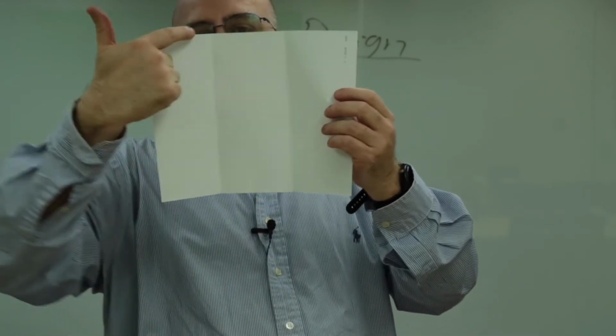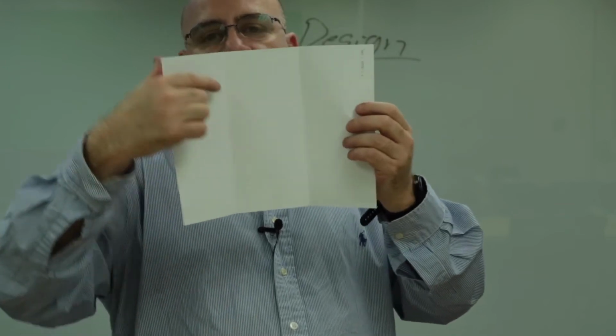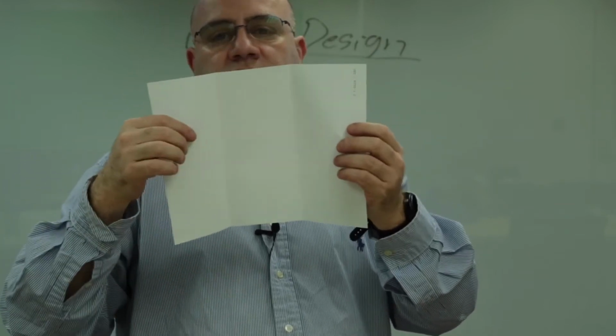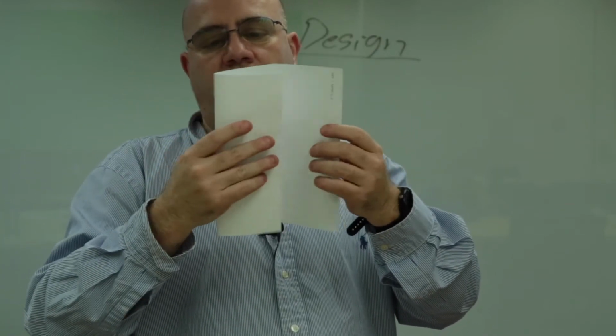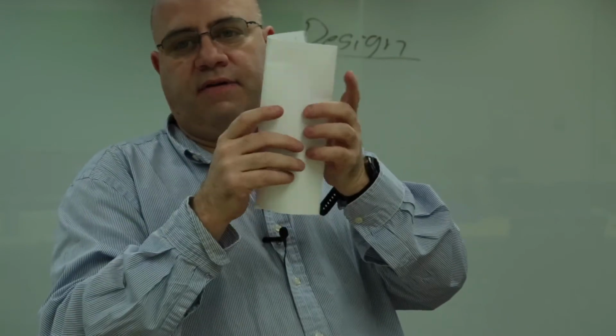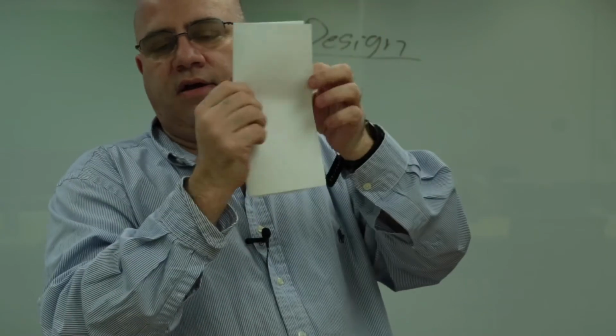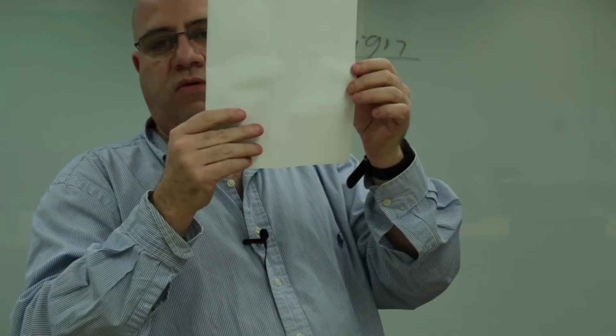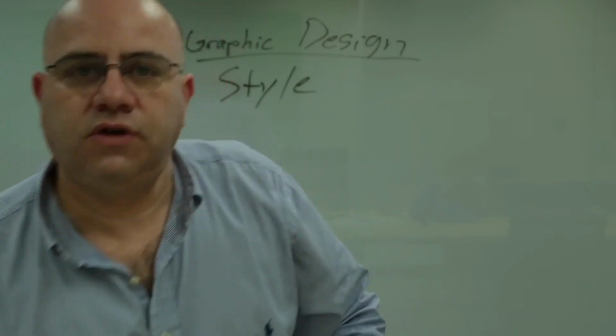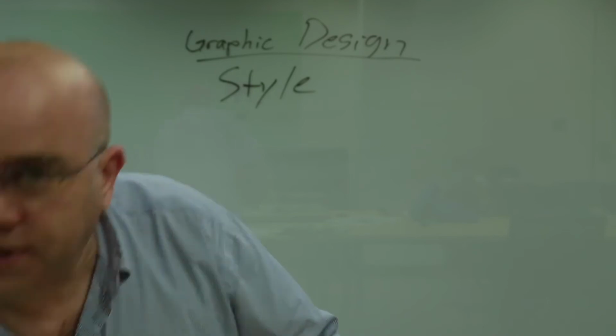Maybe they're designing something for this whole thing, but maybe each one of these individual spaces is a design in itself. This is the back of the brochure, so if this is the front and this is the back, they may have a design that works like that, or simply a contrast between front and back. So all of those are different things to think about in terms of grid space.